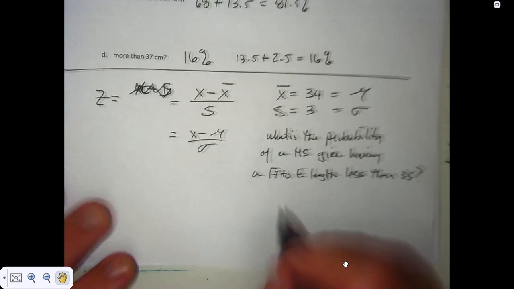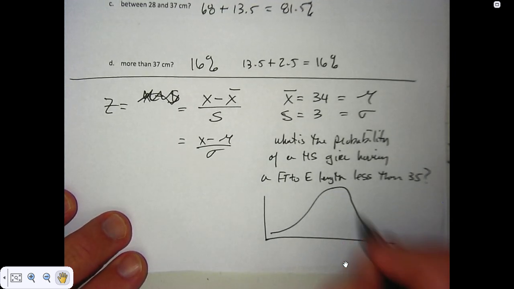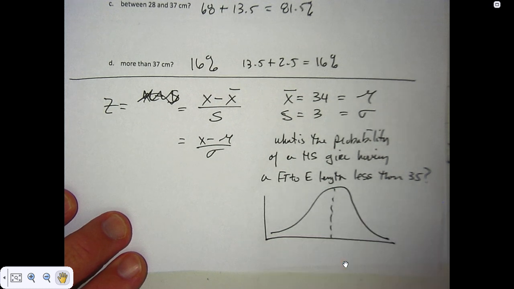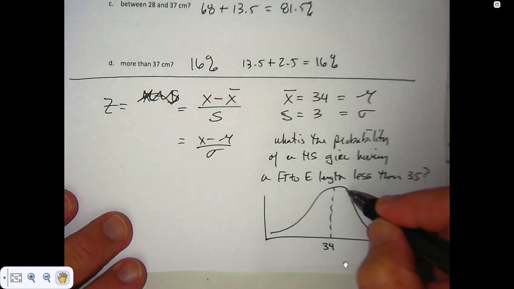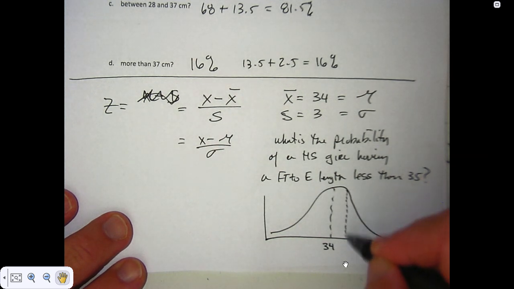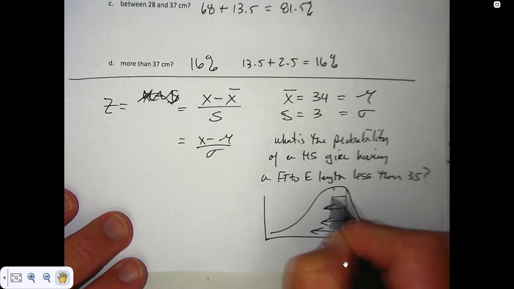Well, if I draw that curve again, I know that 34 is going to be right here. That's going to be the mean. I'm going to estimate that 35 is right here. What I want is the area to the left of that.